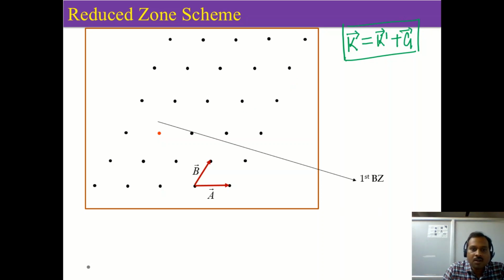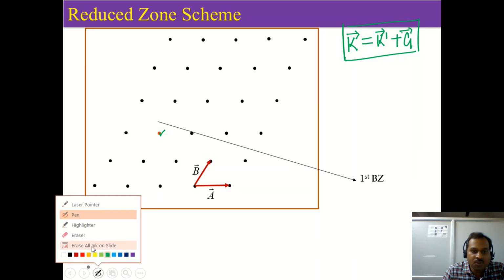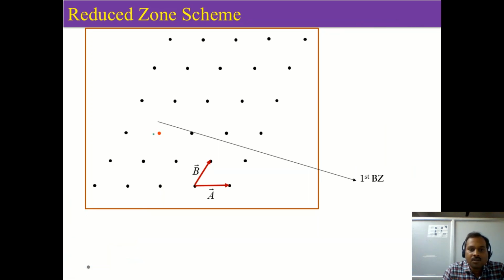Okay, so now let us focus on this particular lattice in the reciprocal space, and let us concentrate on this red lattice point. The corresponding first Brillouin zone can be constructed. So let this region represent the first Brillouin zone.